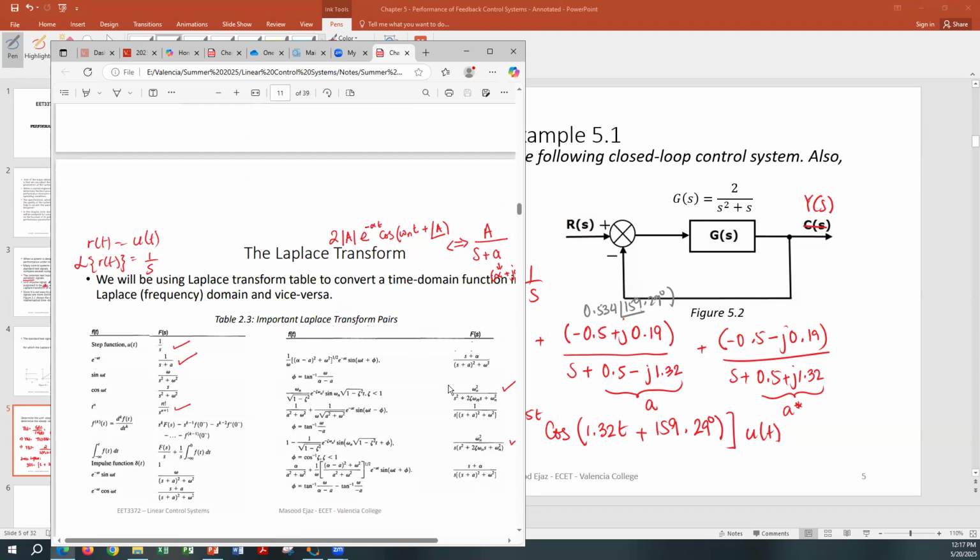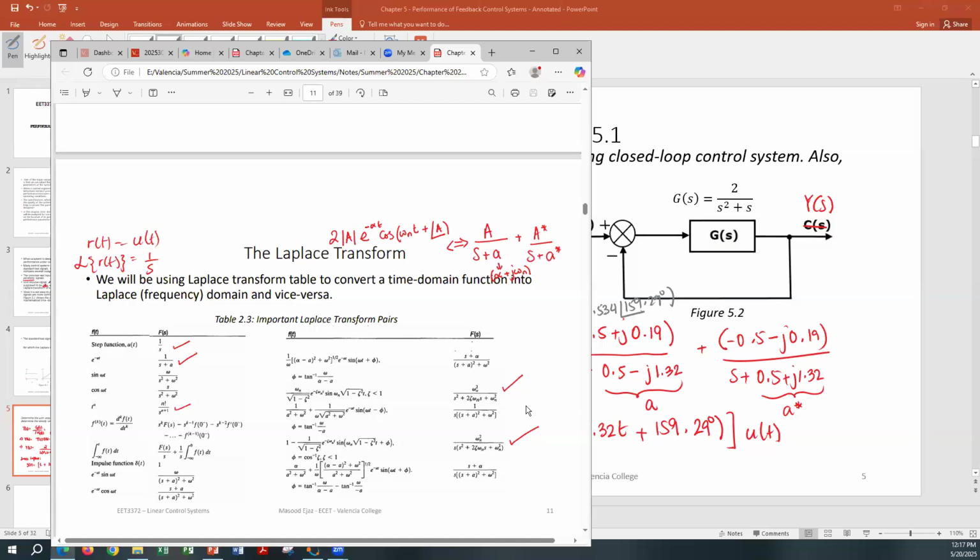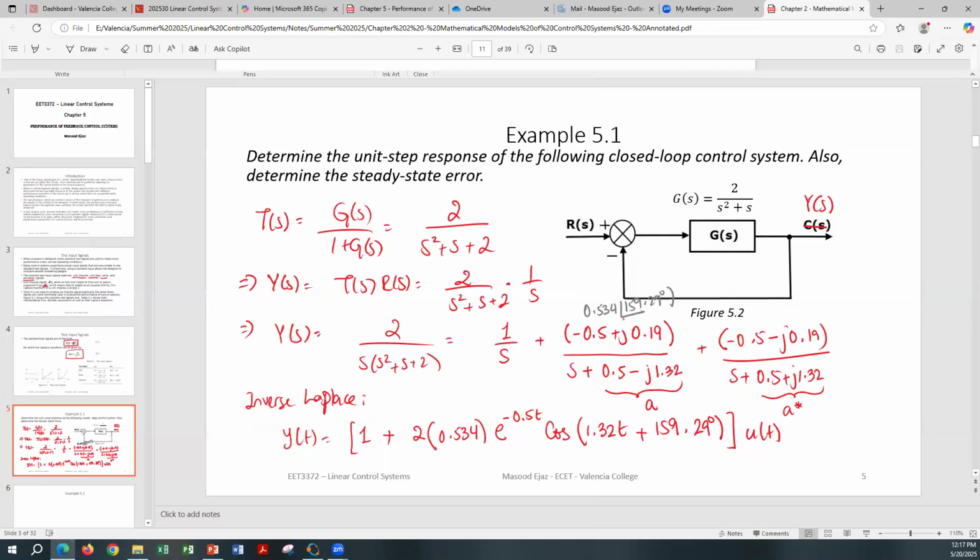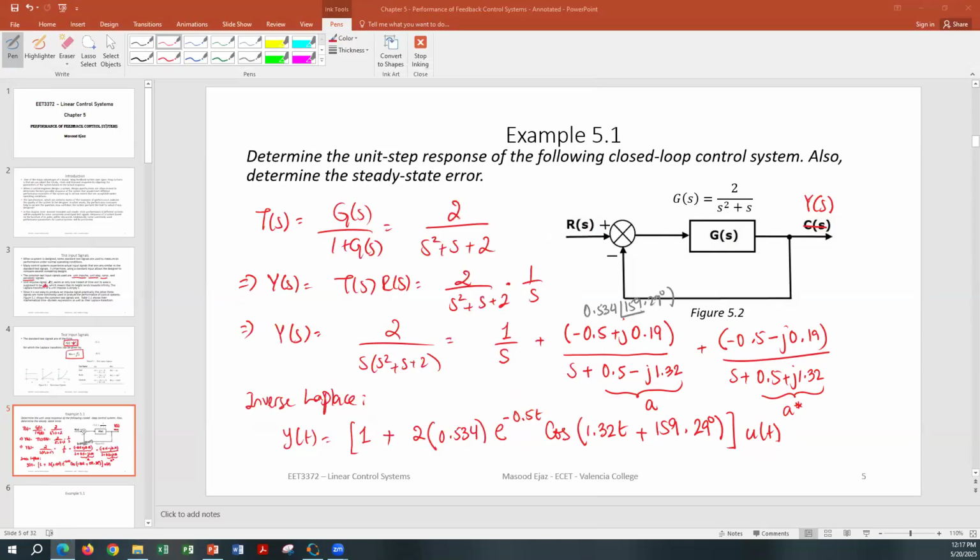This right here: 2 times the magnitude of the numerator, e to the power negative alpha t, where A is equal to alpha plus j omega n, cosine omega n t plus angle of the numerator. So that is the closed loop unit step response.